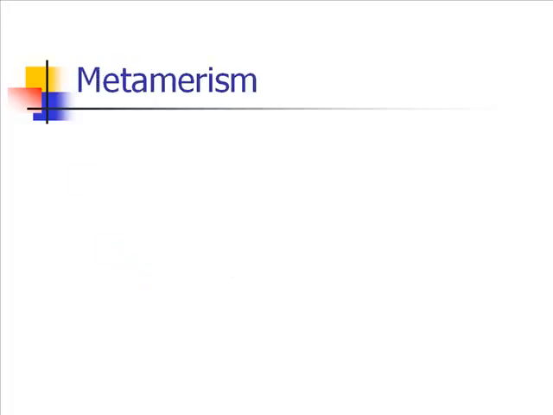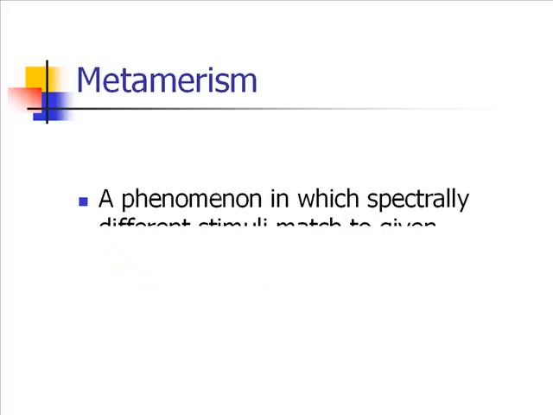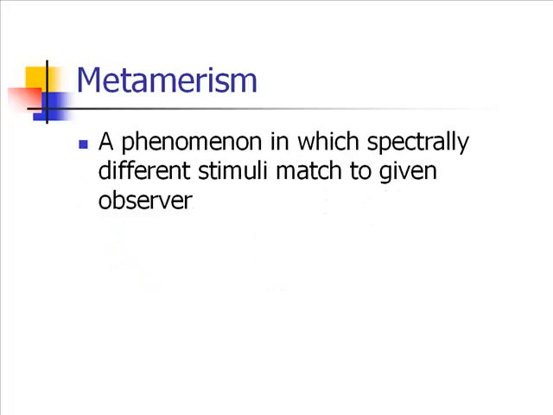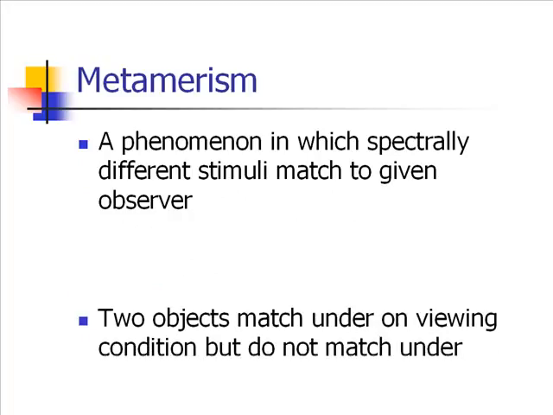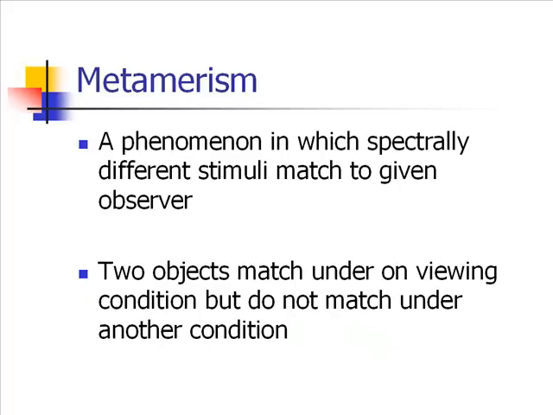Mainly that happens when two objects match under one light source, we change the light source, and they don't match anymore. That can be a big problem if you match a color under daylight and then send it to your customer, and he looks at it under a fluorescent light and says, hey, that doesn't even come close to matching. That can happen.